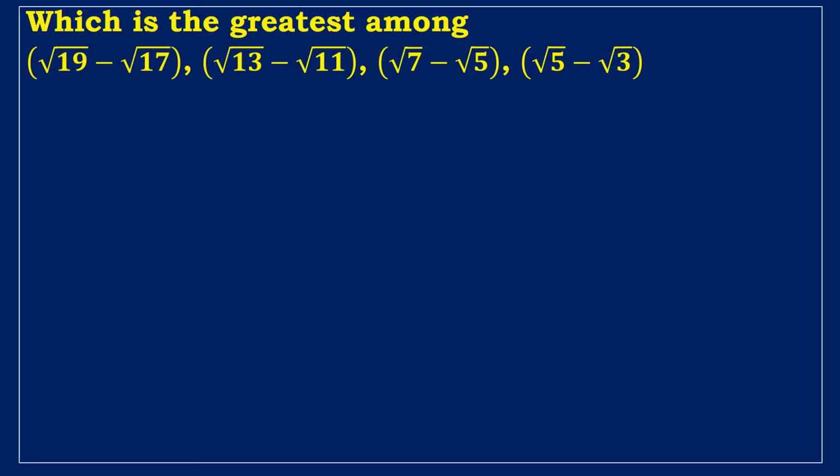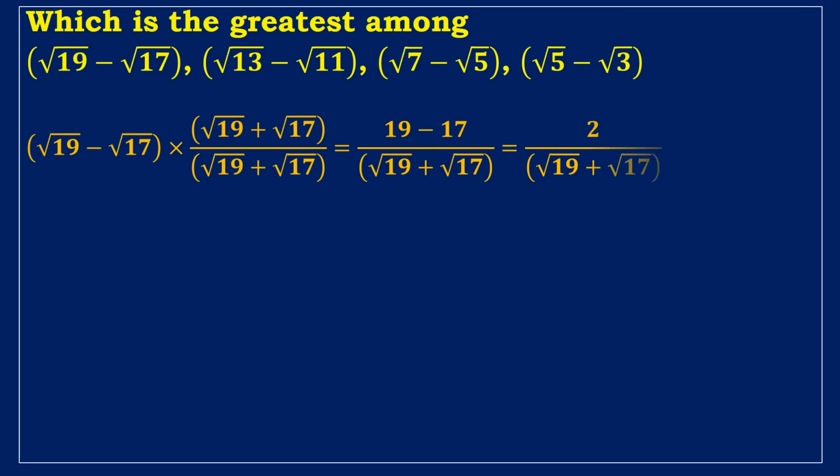Let us consider the first number, the square root of 19 minus the square root of 17. You can rationalize it by multiplying the numerator and denominator with the square root of 19 plus the square root of 17. Multiplication can be transformed into a difference of squares using the rule a minus b into a plus b, which is a square minus b square.